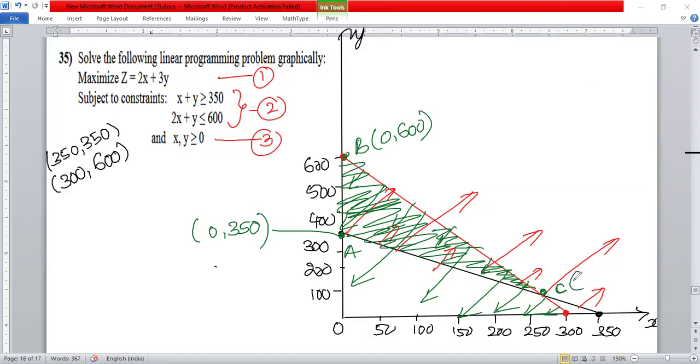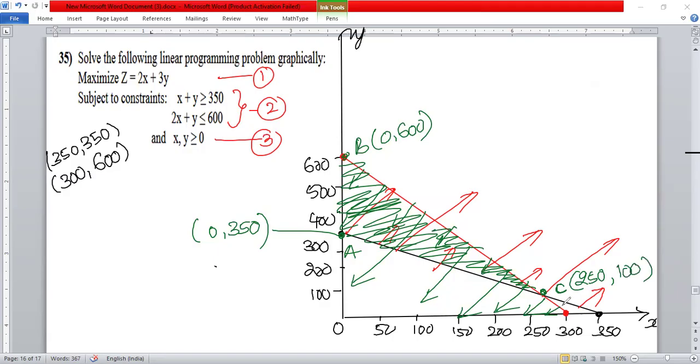So C point we want to check. C point: 1 is equal to 350, then 2 is equal to 600. So X is 250, so Y is 100.